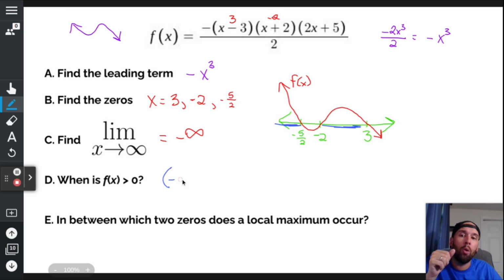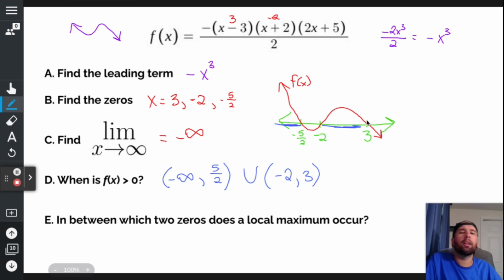So from negative infinity to negative 5 over 2, not including negative 5 over 2. And if you're wondering why we don't include negative 5 over 2, it's because at negative 5 over 2, the function is 0, neither positive nor negative. So that's my one interval, union. My other interval is going to be between negative 2 and 3.